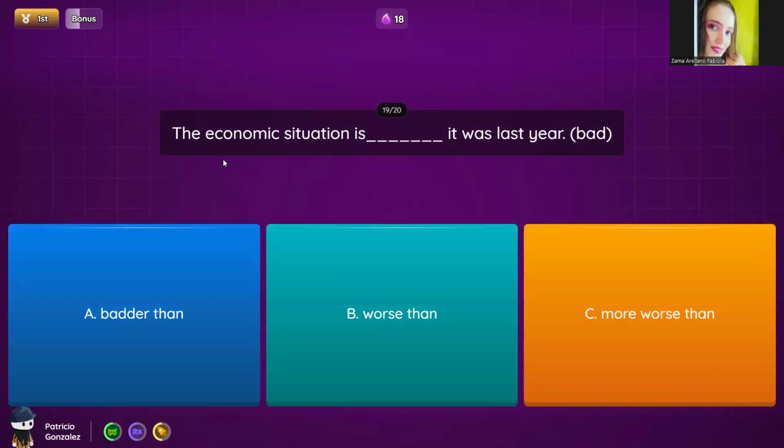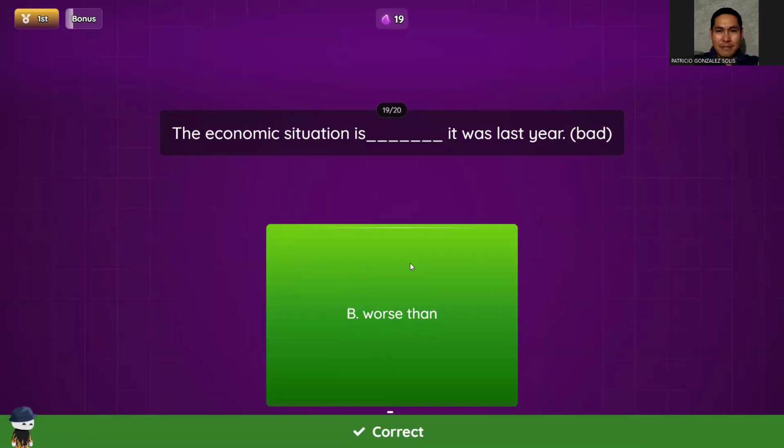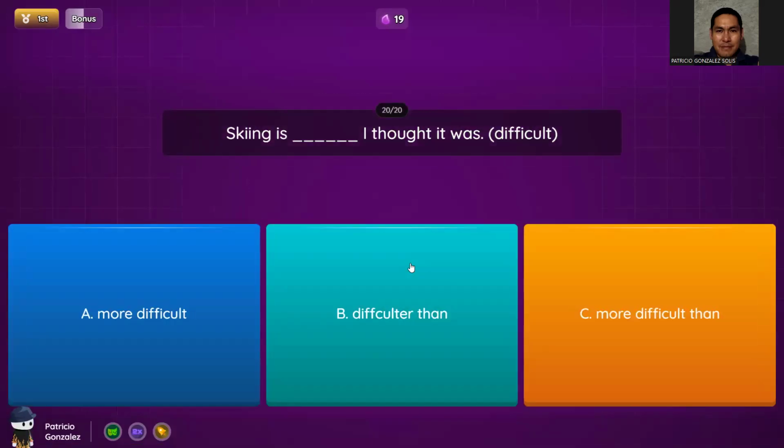The economic situation is worse than it was last year. It was not good, no good things. And finally, sport. Skiing is more difficult than I thought that it was.